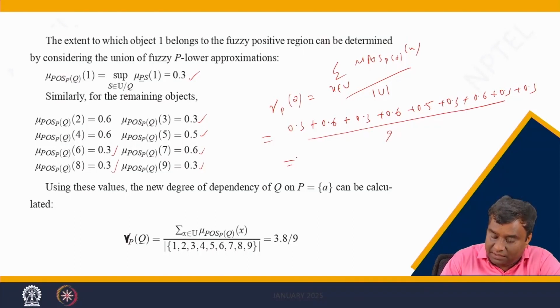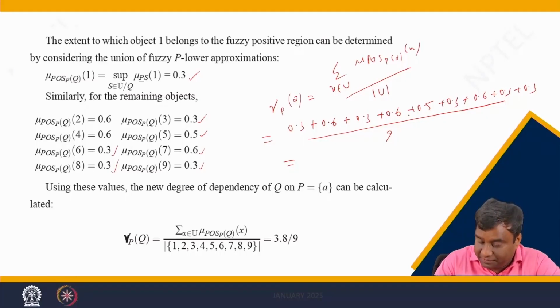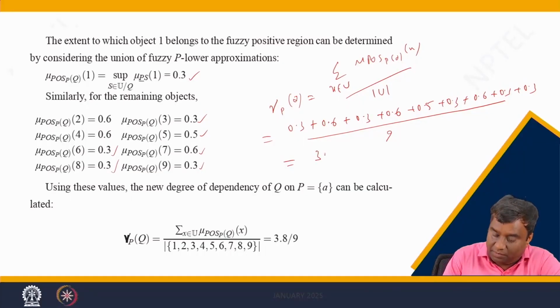Now we need to add it. So if you add it, you will get 0.9, 0.9, so that is 1.8, 2.6, then 3.8. So that is 3.8 by 9. That is the degree of dependency.